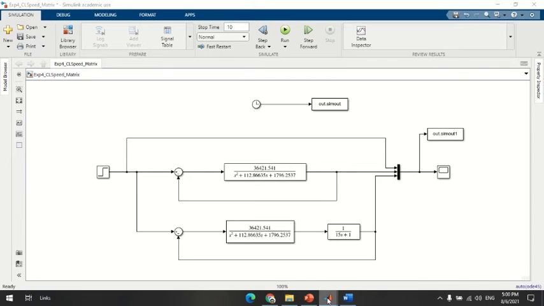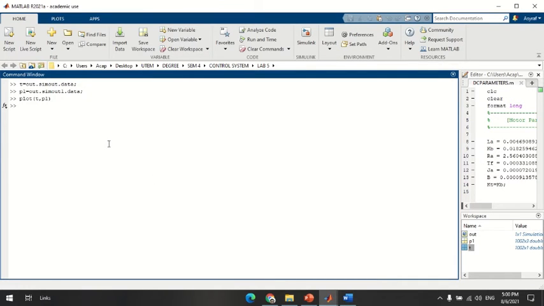Then after we run, we go to the MATLAB command window, and we plot the graph according to the simulation model that has been made. Data, then save the data.